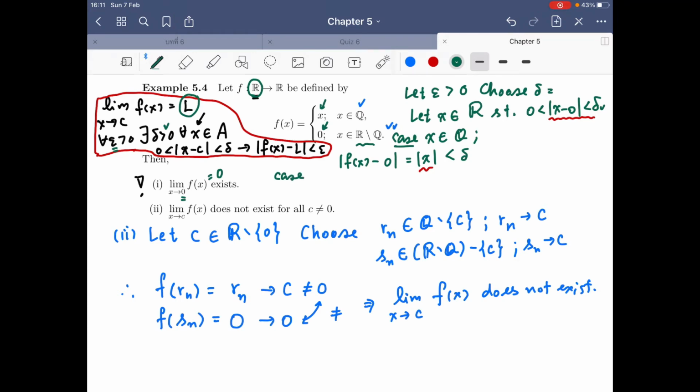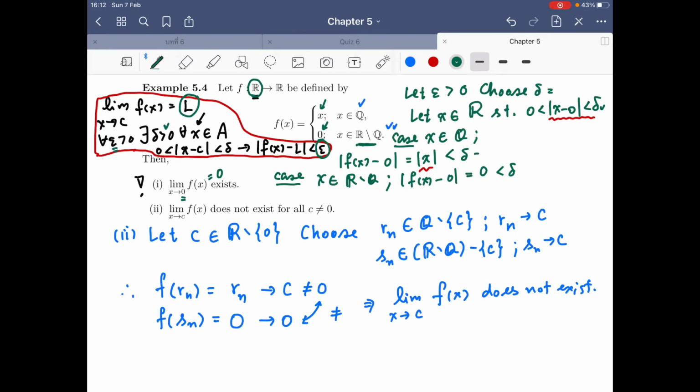The second case is that x is irrational. Then f of x minus 0, as the irrational takes place, the function value is always 0. So 0 minus 0 is 0. Of course, the delta must be positive, so this is also less than delta. But our goal is that the thing will be less than epsilon.